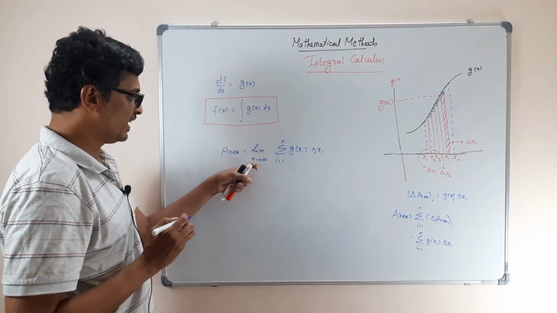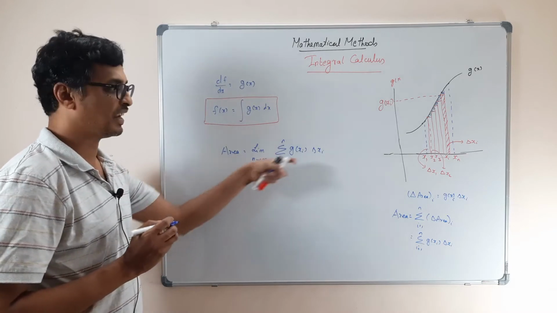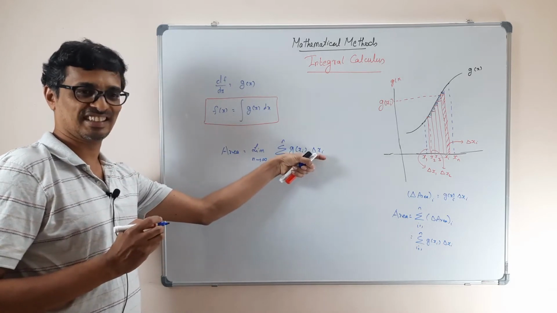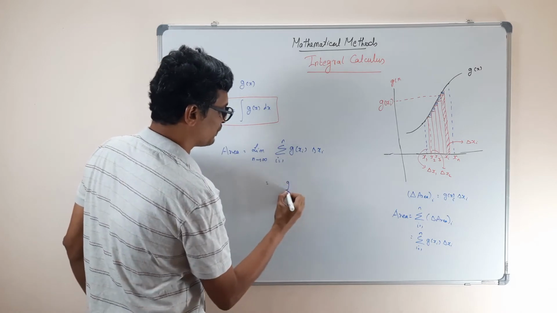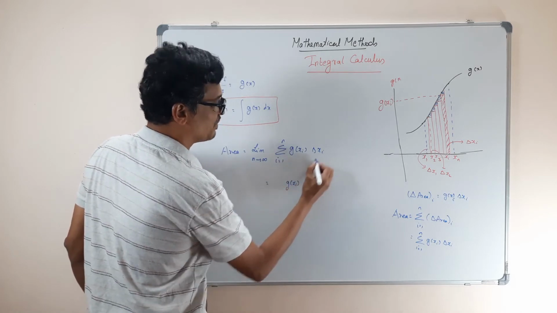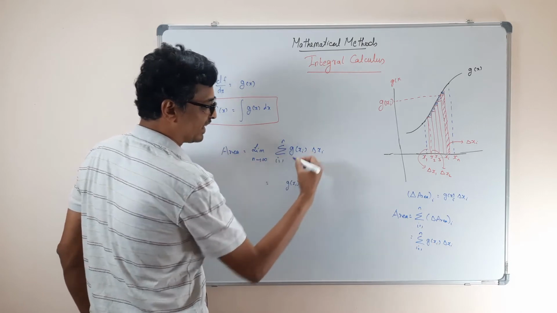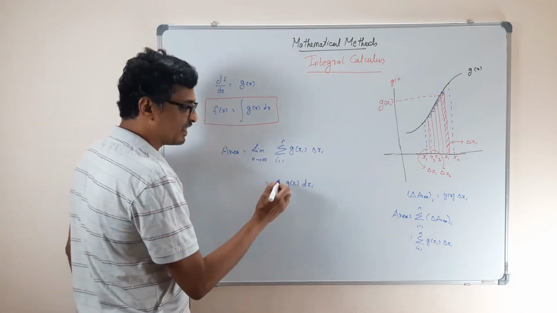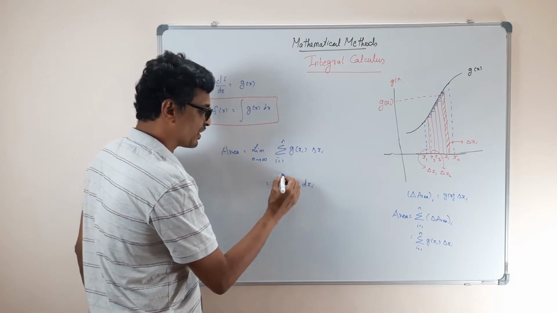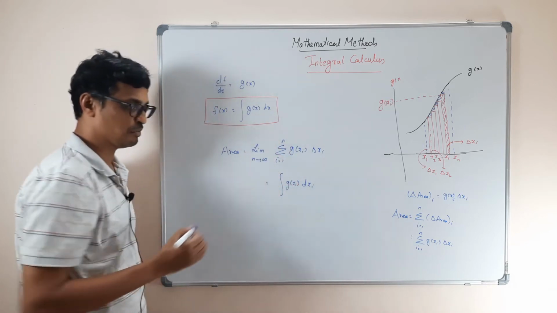When n tends to infinity, your delta xi will become dxi, correct? So you can write g of xi, and delta xi becomes dxi. The summation you don't write as summation, you write it as integration, with this symbol.